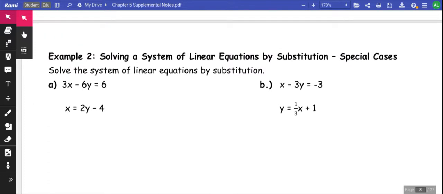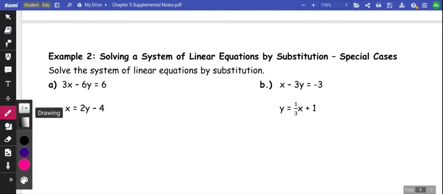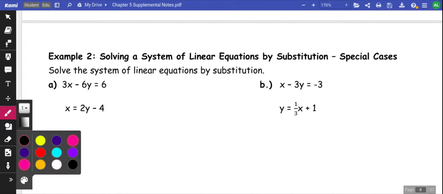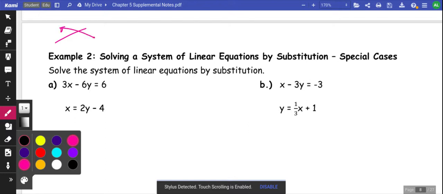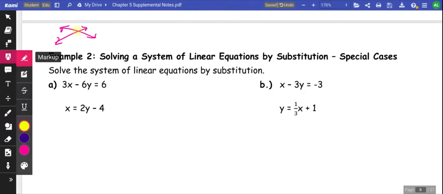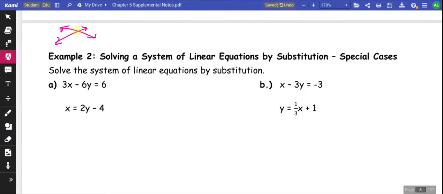Just like we did when we were graphing, it's the same idea. Usually when we graph, we have one equation and then another equation. It's not a very good drawing, I apologize. And we have one spot where they intersect. But there's 2 other scenarios that could happen.